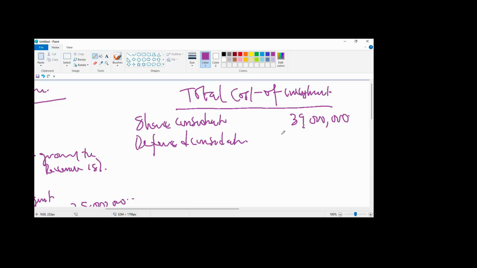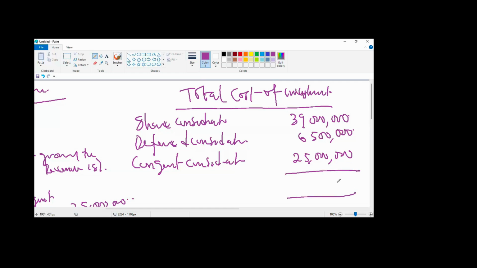First is the share consideration, which is 39 million. Then the deferred consideration, the present value, which is 6.4. Then for the contingent consideration, it's 25. I will now add everything together. That will give me the total.